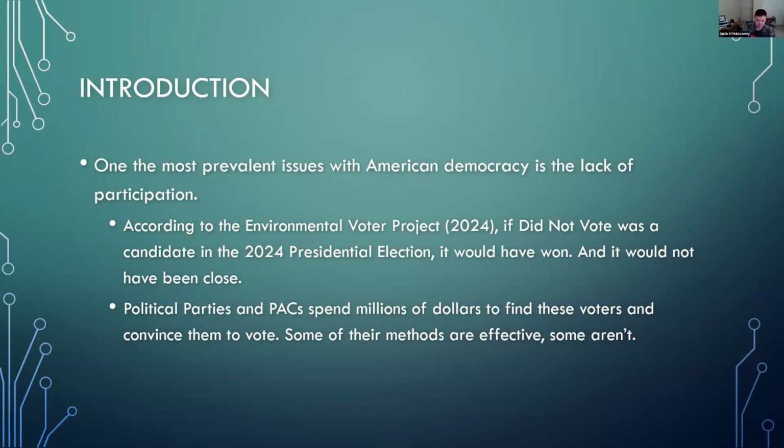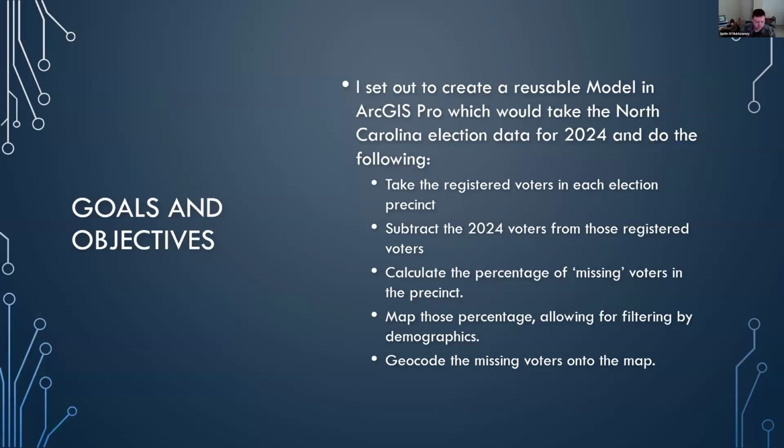So what I set out to do, and I didn't get most of this done, as we'll talk about, was create a reusable model in ArcGIS Pro, which would take the North Carolina election data specifically for 2024, and take registered voters in each election precinct, subtract the 2024 voters from those registered voters, and calculate the percentage of missing voters in each precinct.